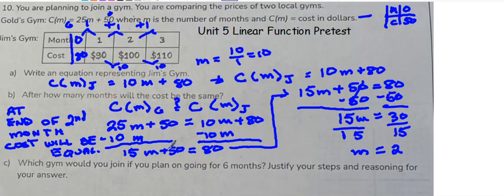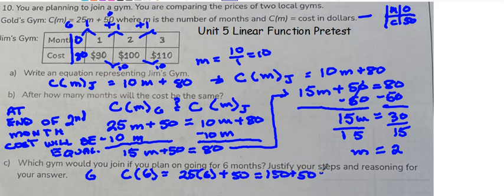So at 6 months, let's just plug it in real quick. For Gold's Gym, the cost at 6 months is going to be 25 times 6 plus 50, which gives you 150 plus 50, which is $200.